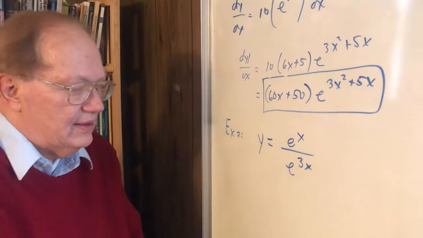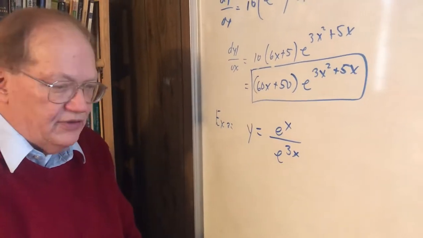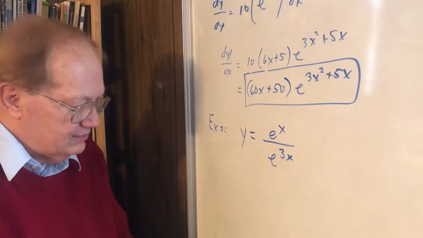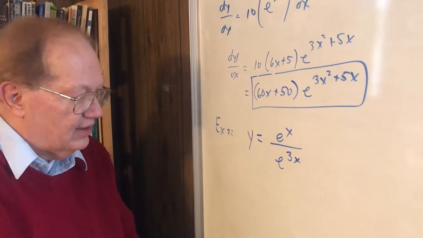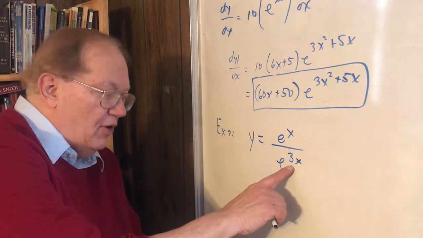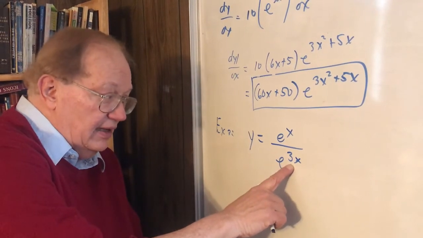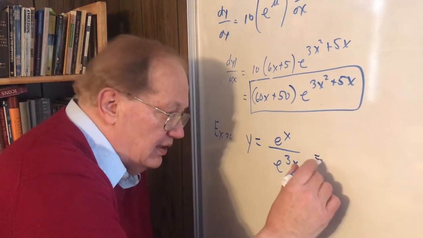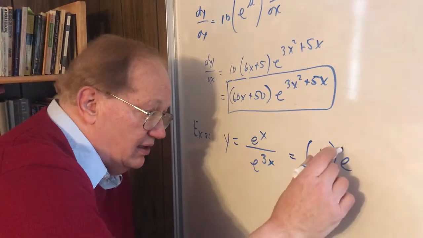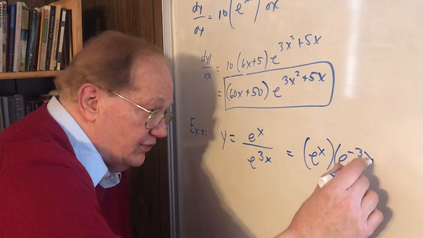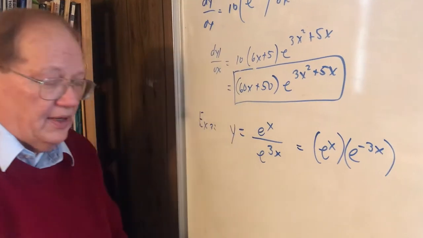Now, the temptation is to use the quotient rule. But in this case, why not make it easier on yourself? The exponent is a plus 3x. If I bring it up to the top, it's going to be e to the x times e to the minus 3x. Correctamundo?